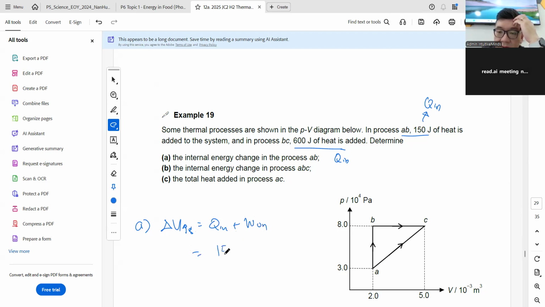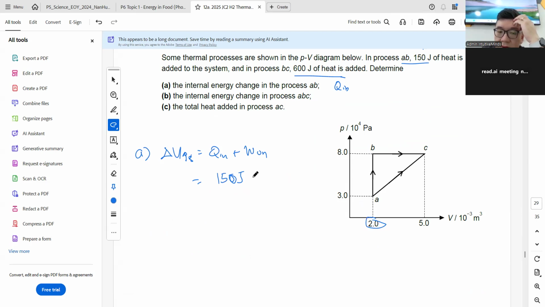Your Q in is 150 joules. And there's no change in volume, so it's plus zero. And that'll be the answer. Okay. In B, A, B, C.